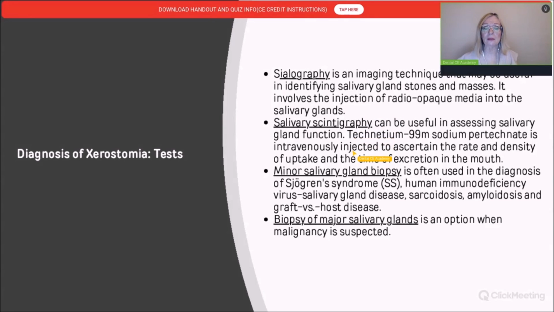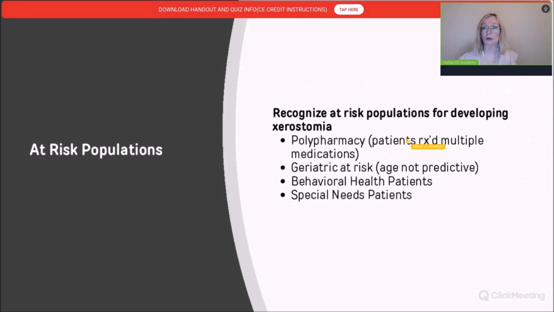Salivary scintigraphy will assess salivary gland function, rate of flow, density of uptake. Minor salivary gland biopsy is also used to identify patients perhaps with Sjogren's syndrome, HIV-associated salivary gland disease, sarcoidosis, amyloidosis, and biopsy of the major salivary glands is an option when malignancy is suspected.